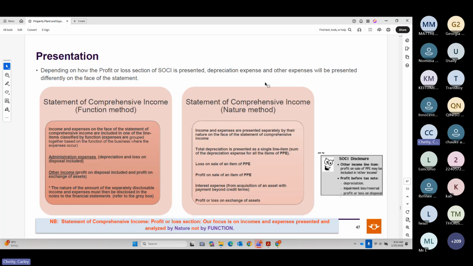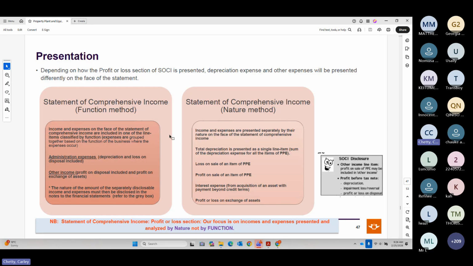Then let's have a look at presentation. There are two ways that the profit or loss section of the statement of comprehensive income can be presented. So depreciation expense and other expenses can be presented differently on the face of the statement. If the company uses the function method for the statement of comprehensive income, they are going to show the income and expenses on the face of the statement of comprehensive income and include them in one of the line items classified by function.